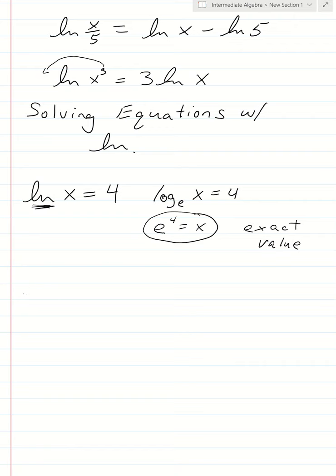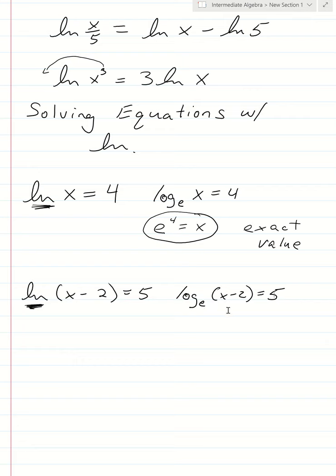If we had another example, let's say the natural log of x minus 2 equals 5, and we want to solve this for x. Well, once again, what does the natural log really mean? It's log base e of the expression x minus 2, that is supposed to equal the number 5. So now we have logarithmic form.